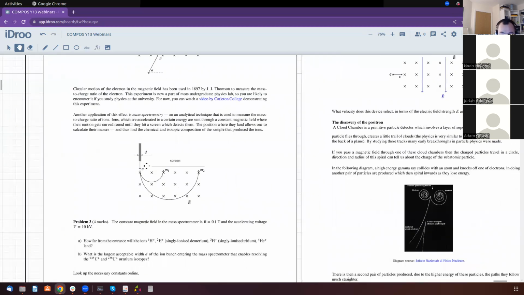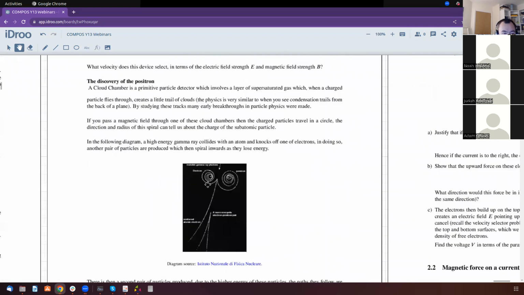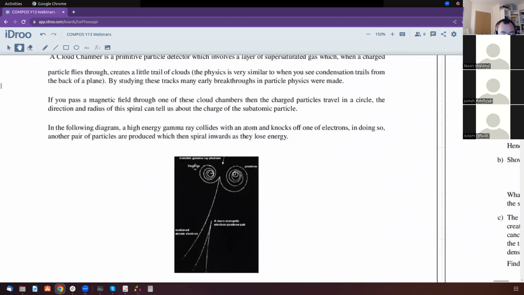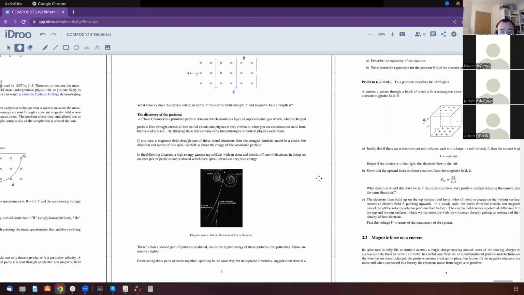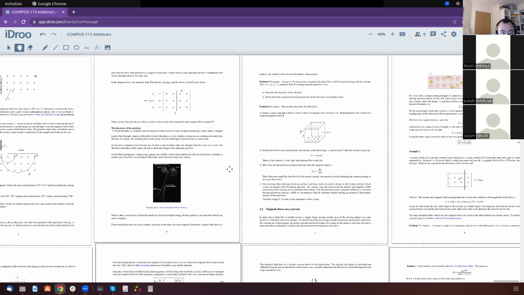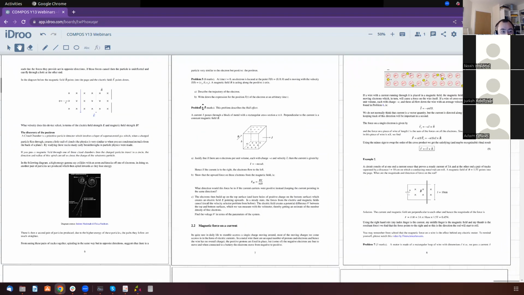They follow circular paths, and this is how particle detectors work. We can tell whether something is an electron or a positron, for example, or a proton. So there are particle detectors and particle accelerators, of course. Then we discuss the Hall effect, which is quite an interesting thing to do.